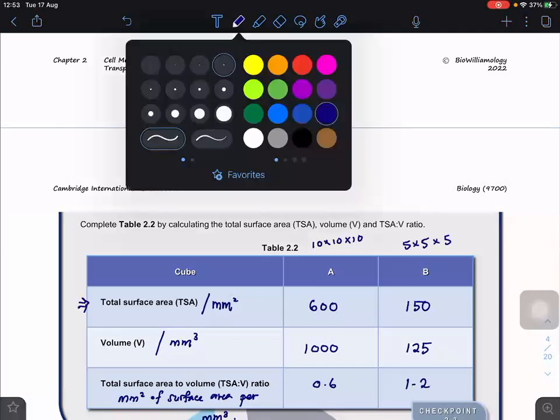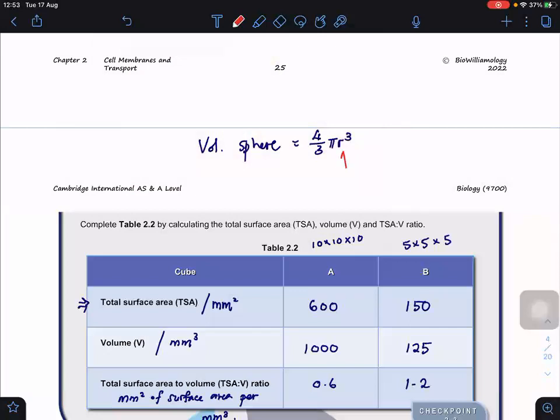But as usual in biology, can you measure the radius? You won't be able to, because you do not know where the center is, and it won't be accurate. But if I have the sphere, I can always get the diameter. So always substitute r with d/2, the diameter.